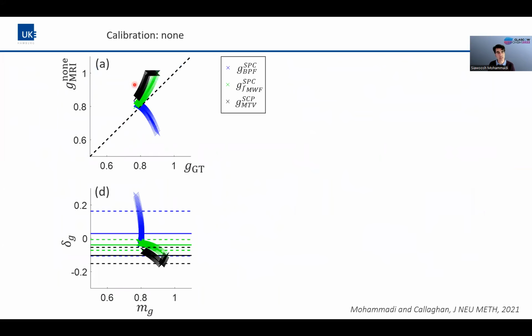And this is done in this Bland-Altman presentation, which is shown down here, and this is the corresponding scatter plot. In blue, we see the G-ratio points from the ground truth plotted against the myelin marker. And this is the bound pool fraction based G-ratio. In green, we have the myelin water fraction based G-ratio, and in black, the MTV based G-ratio.